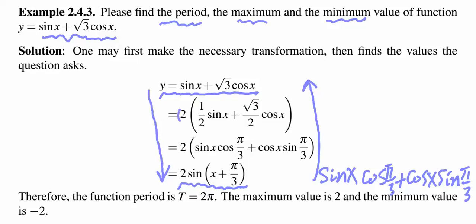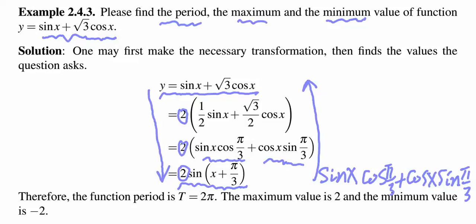Temporarily, we will leave these two alone. Now, that's how we actually get sine x cosine pi over 3 right here, and cosine x sine pi over 3 right here.